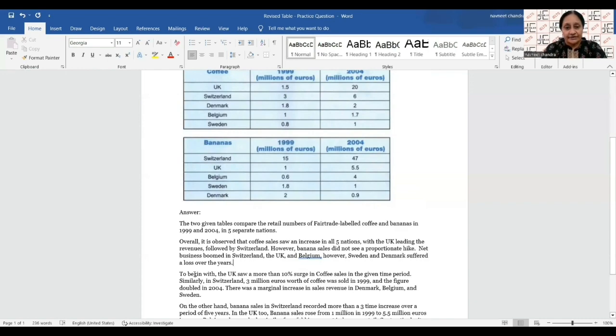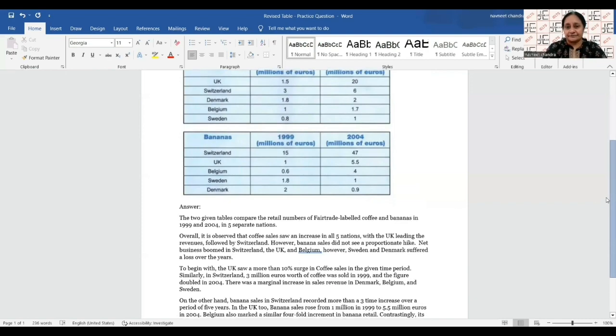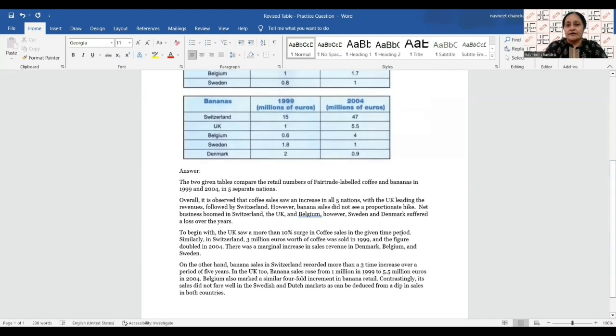Then after this comes: there was a marginal increase in sales revenue in Denmark, Belgium, and Sweden. That we've already seen, that there was just a marginal increase. Now we come to the second table, that is bananas. In bananas, sales in Switzerland recorded more than a 3-time increase.